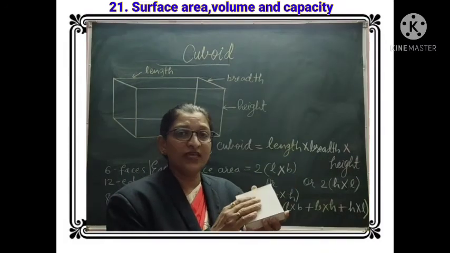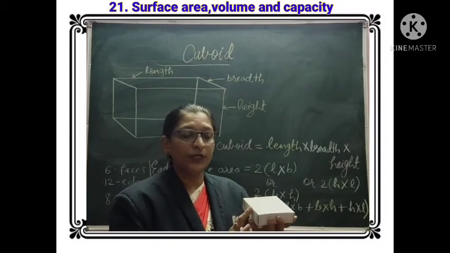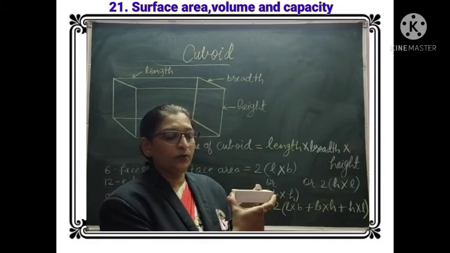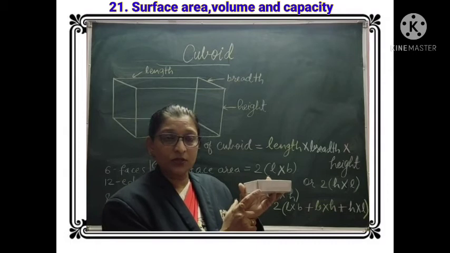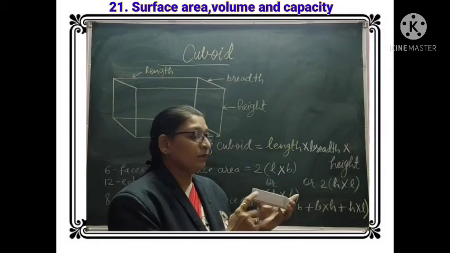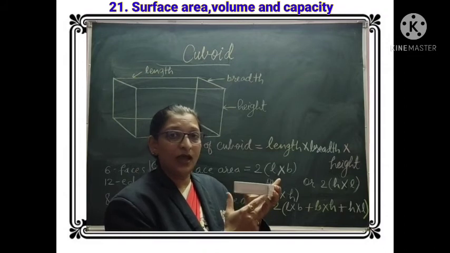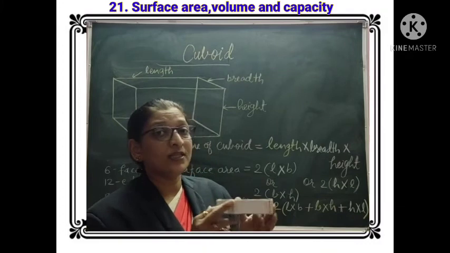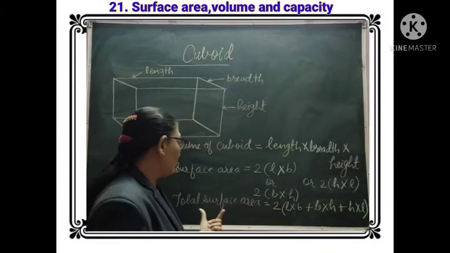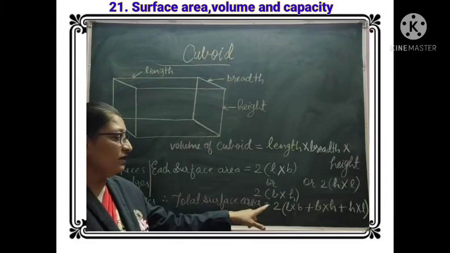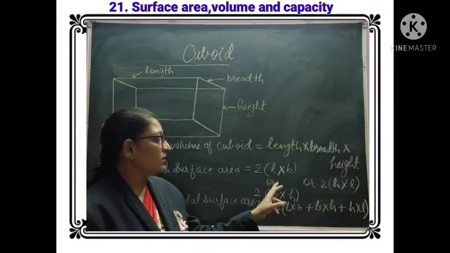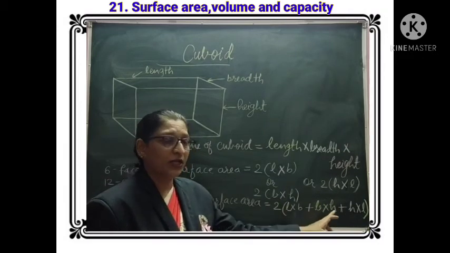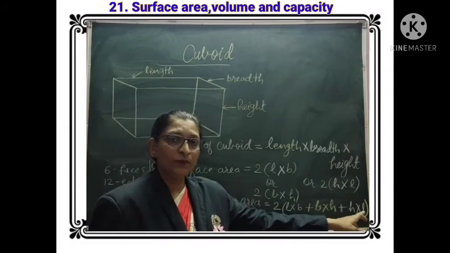Surface area of the faces can be calculated as 2 into length into breadth, or 2 into breadth into height, or 2 into length into height. So altogether, for all the 6 faces of a cuboid, total surface area is equal to 2 into the sum of all these 3, that is length into breadth plus breadth into height plus height into length.